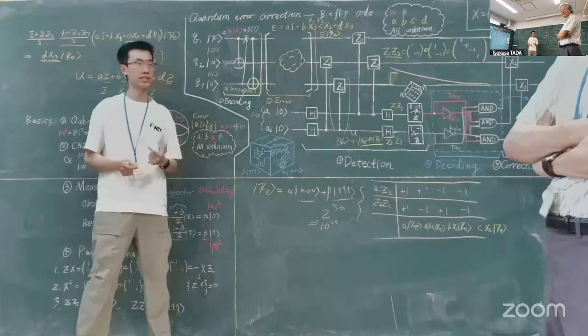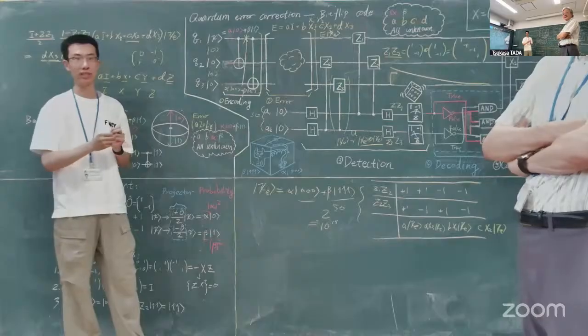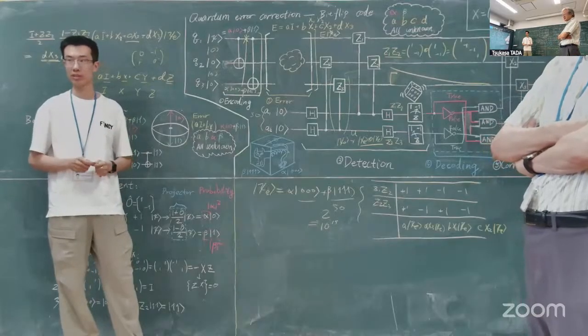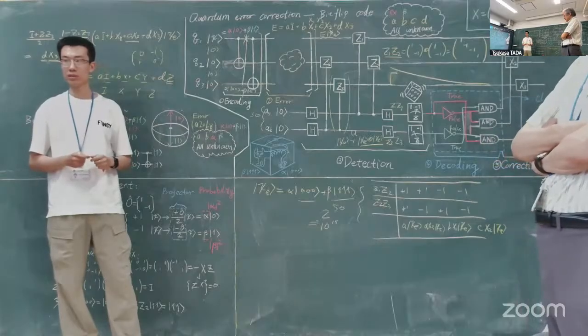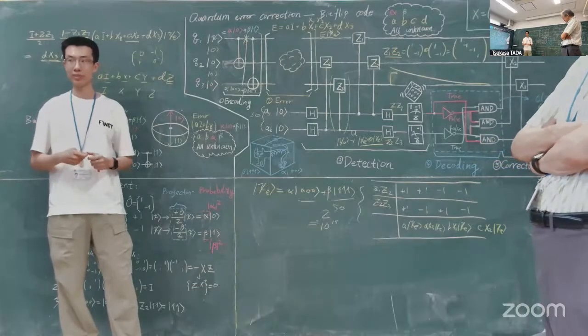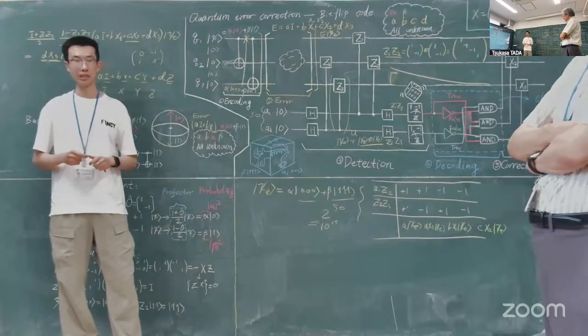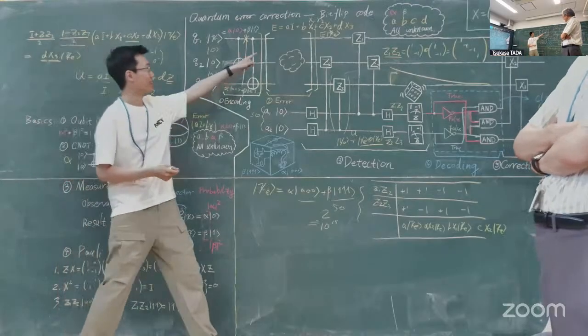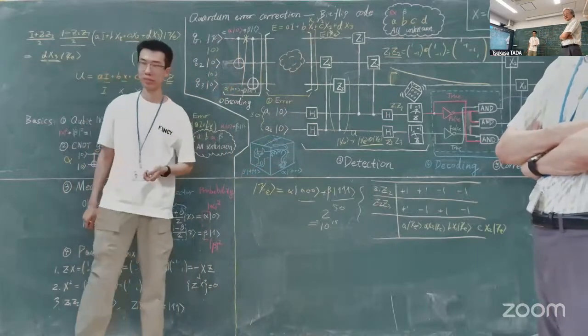So the error correction is only to correct the leading order error, but the higher order is not correctable. Depending on what device you have, the form may be very different from each other, and you design the error correction method based on that knowledge. You have to assume that the larger weight error has smaller probability.